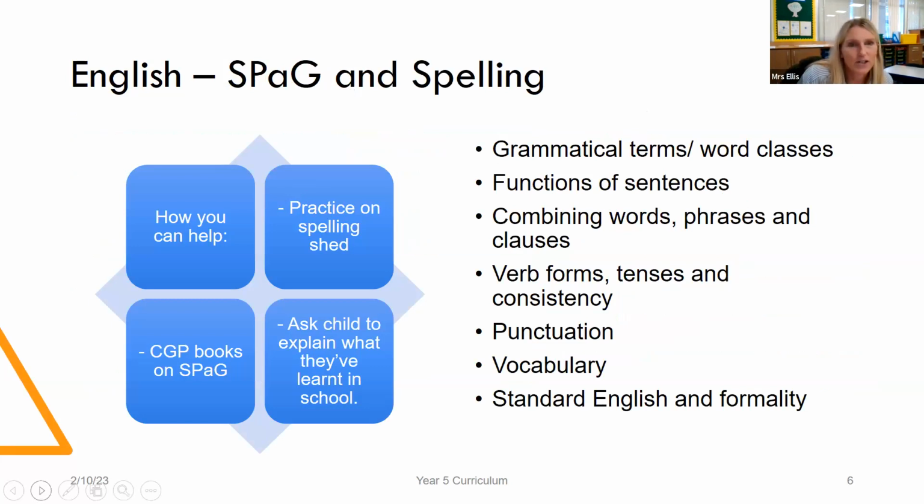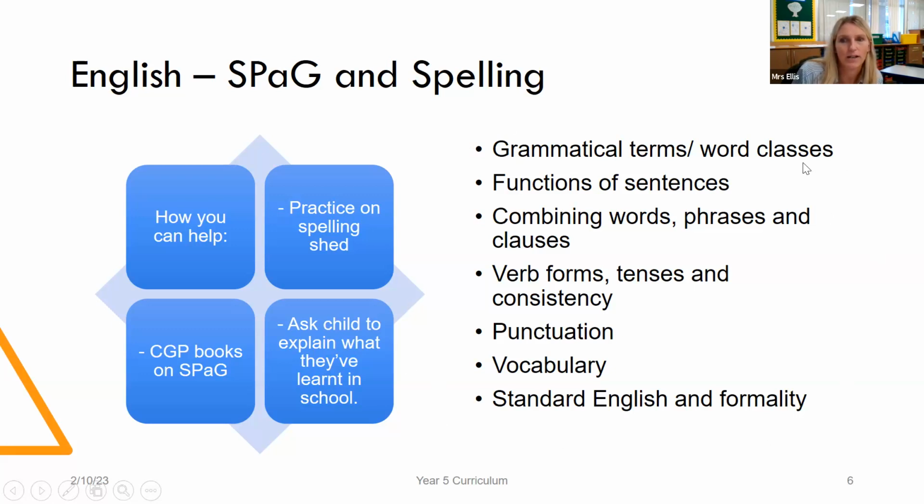Another aspect of our English curriculum is our SPAG and our spelling. With the SPAG, we do SPAG every day in every English lesson as a little starter to our English lesson. So that might pick up on one aspect of these that I've got on the screen.